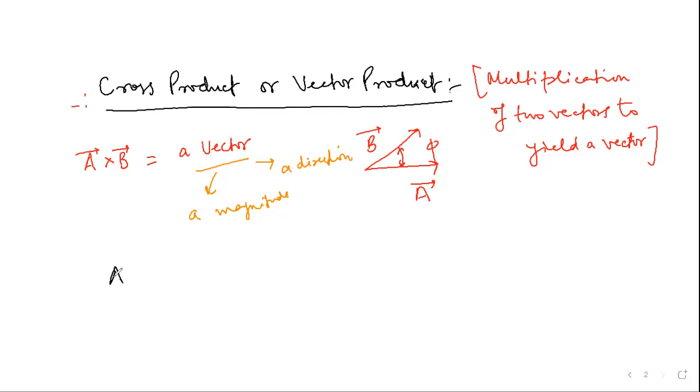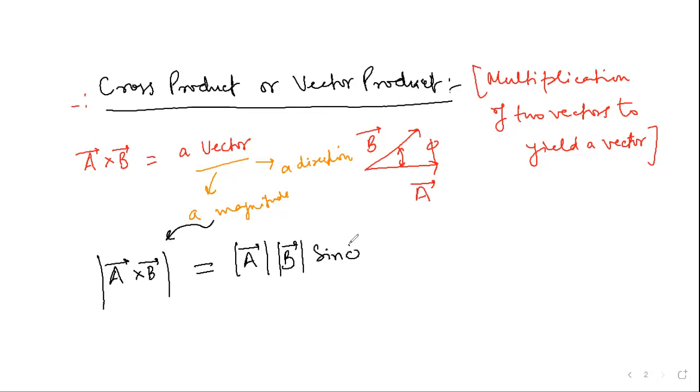So magnitude this way. Magnitude of A cross B vector by definition is magnitude of A into magnitude of B into the sine of the angle between the vectors, right?